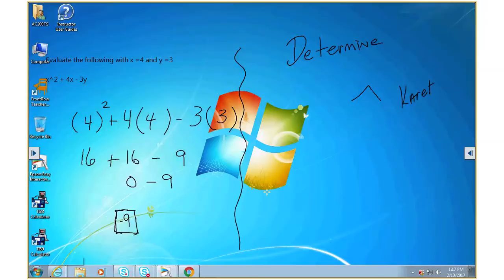So if you want to raise something to an exponent, what? I was looking at the minus symbol, I'm sorry. 32 minus 9 is what? 23?